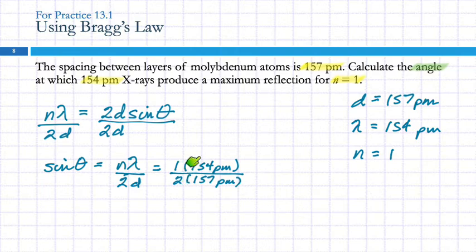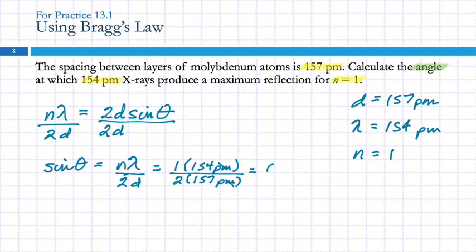The units here are going to work out as long as the units of wavelength and the distance between the layers is the same. So I've got 1 times 154 divided by 2 divided by 157.